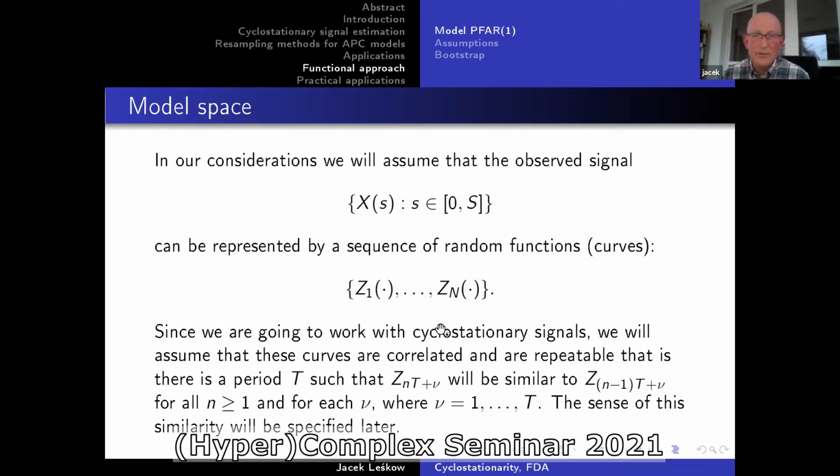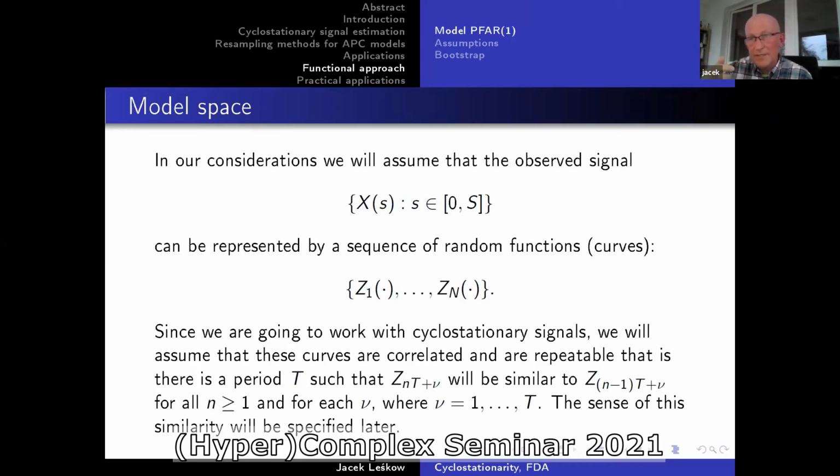So Z1, Z2, Zn are random elements, not random variables, because in probability, when you say random variable, by default you think about real values. Then comes random vector, which means you are in R^k. When you say random element, you mean the values are in an infinite dimensional space. In this case, we consider the Hilbert space as a very convenient infinite dimensional space. So our data are curves.